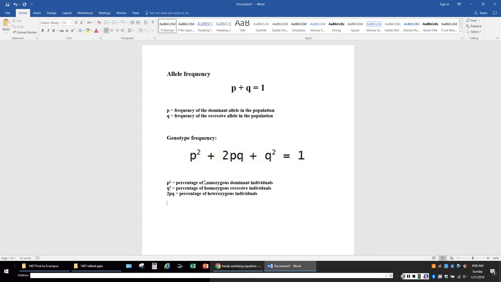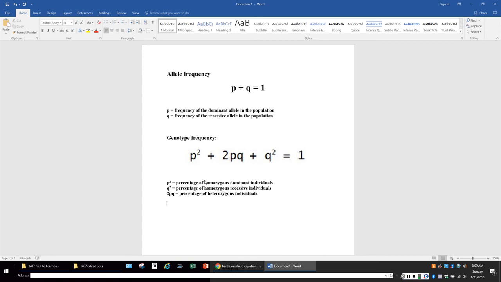And usually we would call, let's write this on the side here, usually we would call the dominant allele with a capital letter B, and that would be brown fur, and the recessive with a lowercase letter, and that would be the recessive allele, and it maybe would code for white fur.